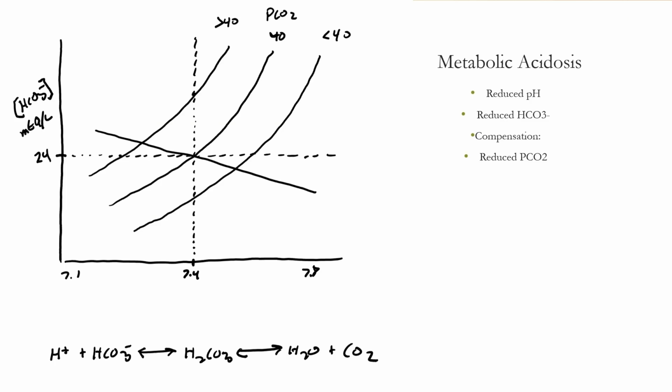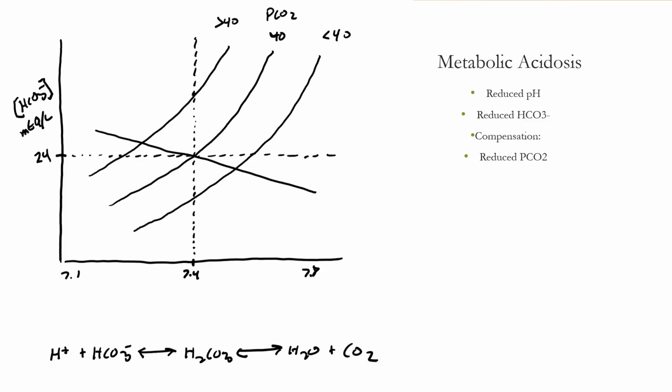So I want to use this graph, called the Davenport diagram, to help us understand what happens with acid-base dysregulation and how our body compensates for that. We're going to be looking at the same variables that we use in the Henderson-Hasselbalch equation.